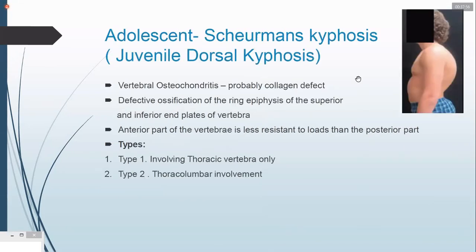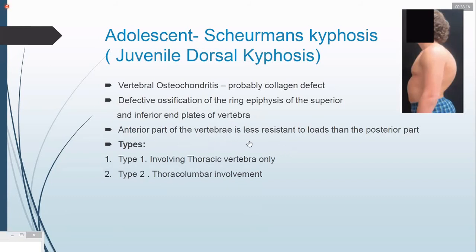The important one is adolescent Scheuermann's kyphosis and juvenile dorsal kyphosis. We also call it vertebral osteochondritis. The exact cause is not known, and it is probably hypothesized to be a collagen defect and defective ossification of the ring epiphysis of the superior and inferior end plates of the vertebra.